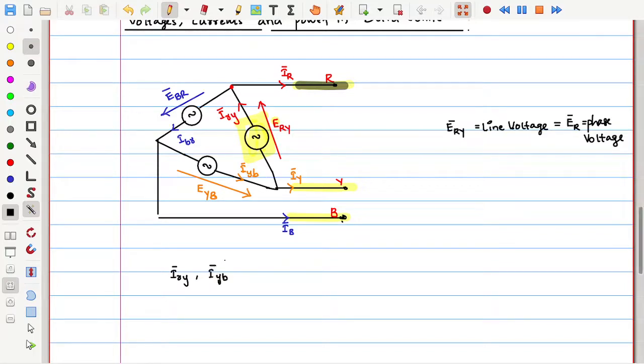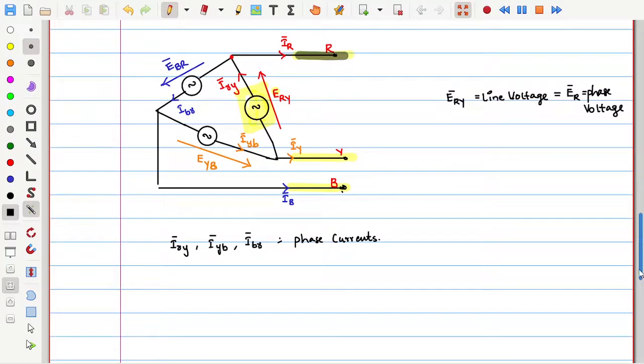Try to observe where these currents are. These currents are individual generator currents, which are generally called phase currents. So iRY, iYB, iBR are referred to as the phase currents.